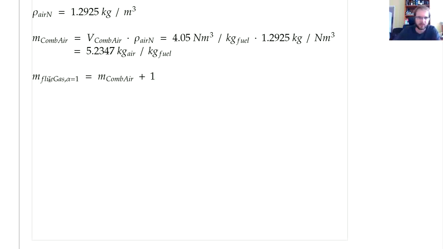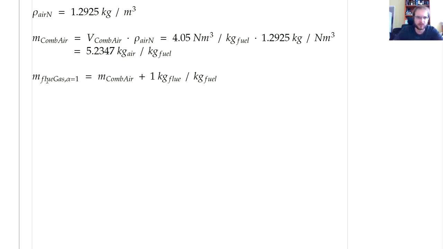So the mass of the entire flue gas for the ideal combustion is mass of the combustion air plus 1. And units: here was kilogram of air per kilogram of fuel, and here it would be kilogram of the flue gas per kilogram of fuel.